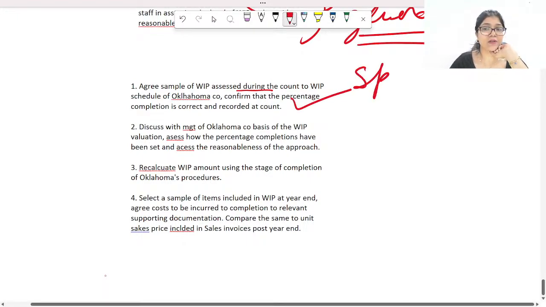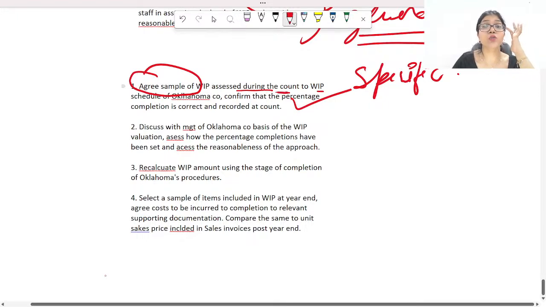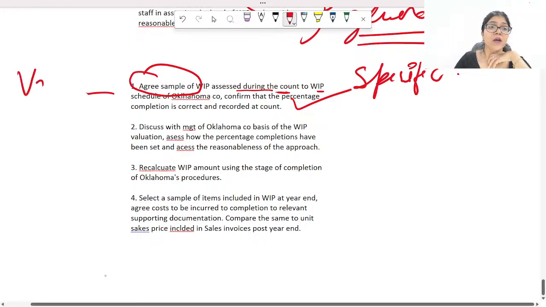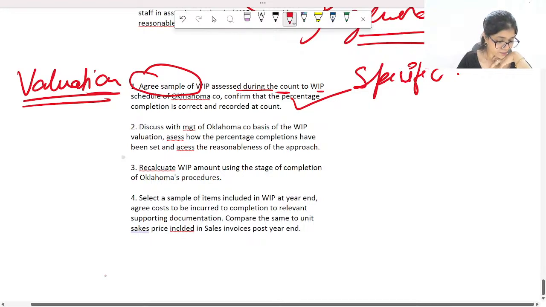So this is a case specific procedure. So what are we doing? We are agreeing the samples of the WIP during the count to the schedule which the company said it will take place, and we will be confirming if the percentage of completion is correct or not. So this is majorly related to your valuation assertion, the first one, right?